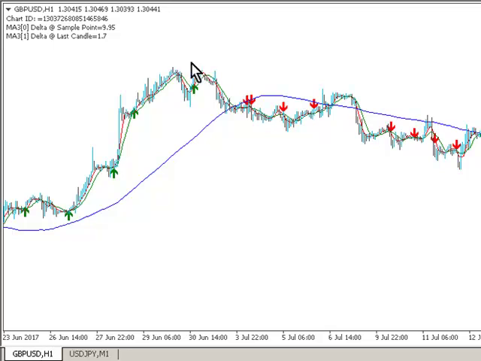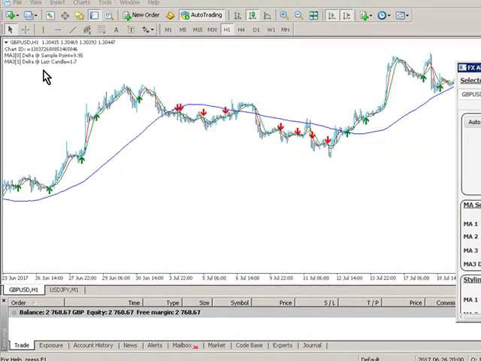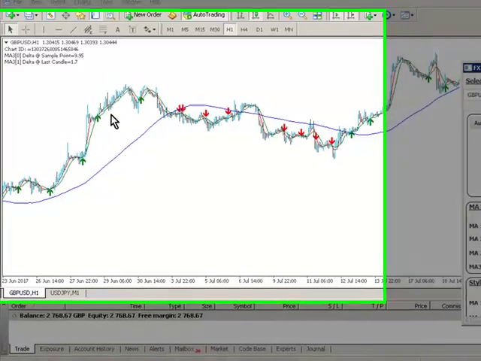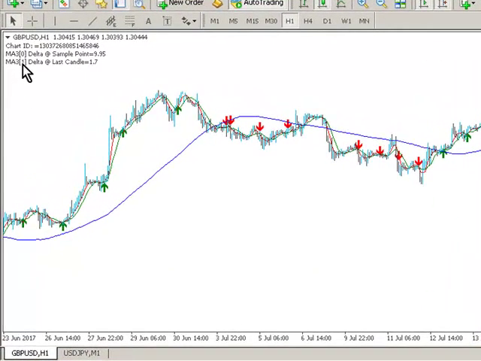So with that in mind, I've created a little program within the main indicator code which looks at the delta of the moving average, the change between the last printed moving average and the period you see in the square bracket. MA3 square bracket 1 delta is proprietary in a way, and it's giving us a value of 1.7.